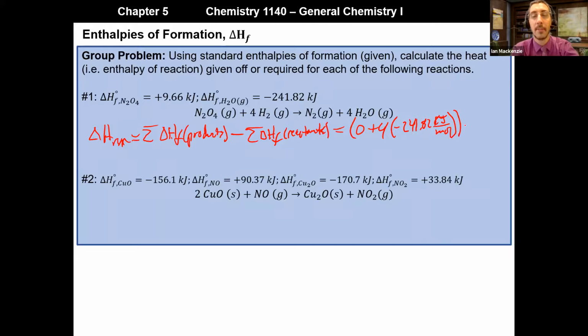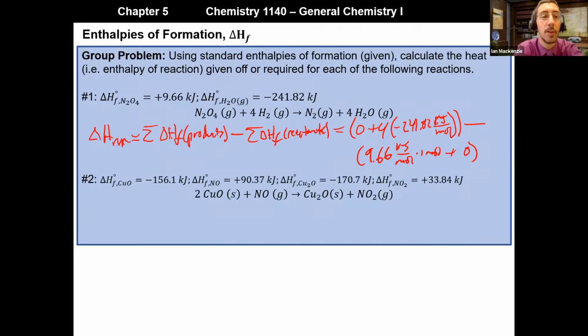And that value, that's the products. Now subtract from that value. On the reactant side, I've got N2O4, which I'm given. Then I've got hydrogen, but I'm not given any enthalpy for that. Well, that's again an element in its elemental form, that's 0. So we just have on the reactant side 9.66 kilojoules per mole times 1 mole of it plus then 0 from the hydrogen.